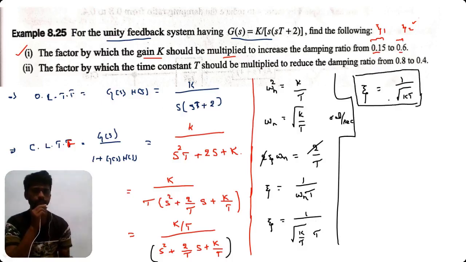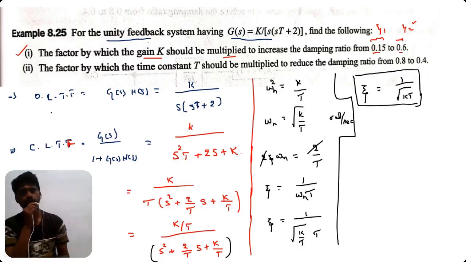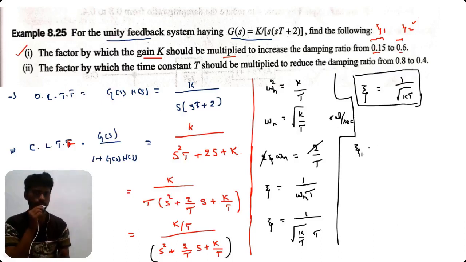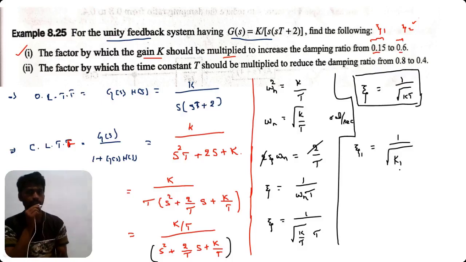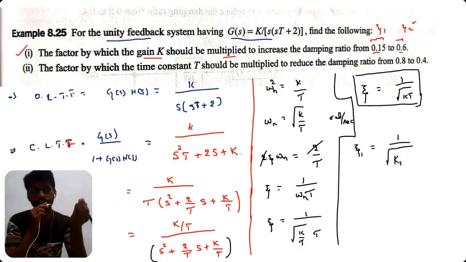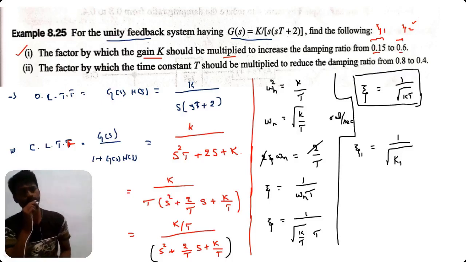So here zeta is a function of K and T. In the first question the zeta value is varied from 0.15 to 0.6. Here the value of T does not change, only the value of K is changed when the damping ratio varies from 0.15 to 0.6.